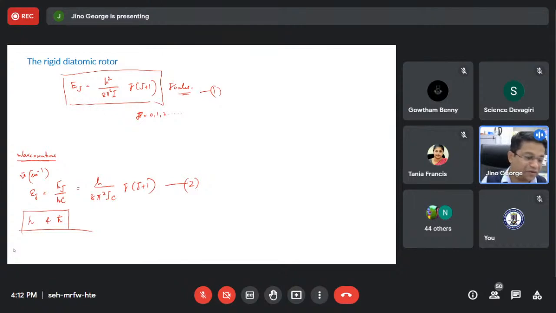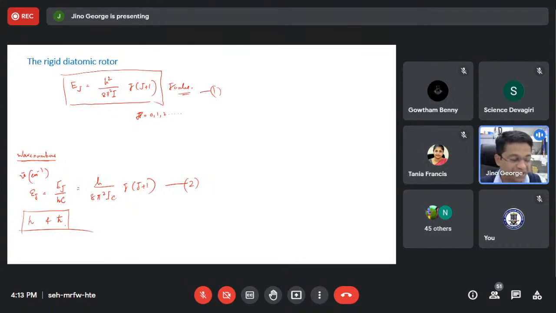What is the difference between the Planck constant h and the reduced Planck constant h bar? Not studied it, okay, all right. I think we have mostly first years and second years. Very few PG students are there. They should of course know.